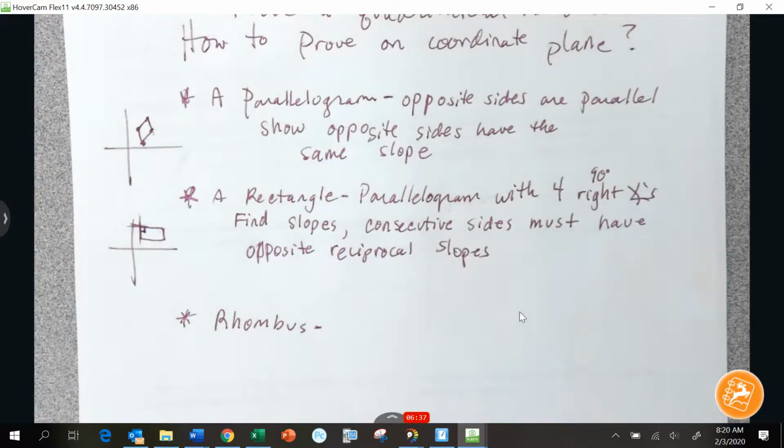But we got to find all four of them. Now, would that be enough information to tell that this is a rectangle?